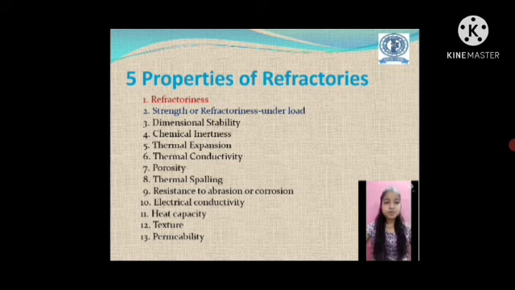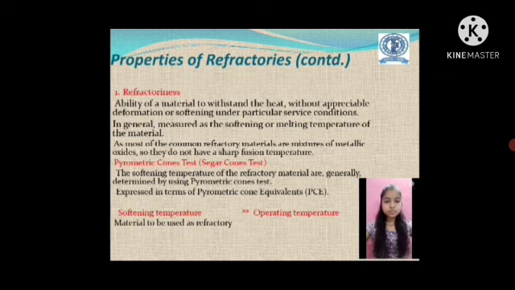Seventh, porosity. Eighth, thermal spalling. Ninth, resistance to abrasion or corrosion. Tenth, electrical conductivity. Eleventh, heat capacity. Twelfth, texture. Thirteenth, permeability.